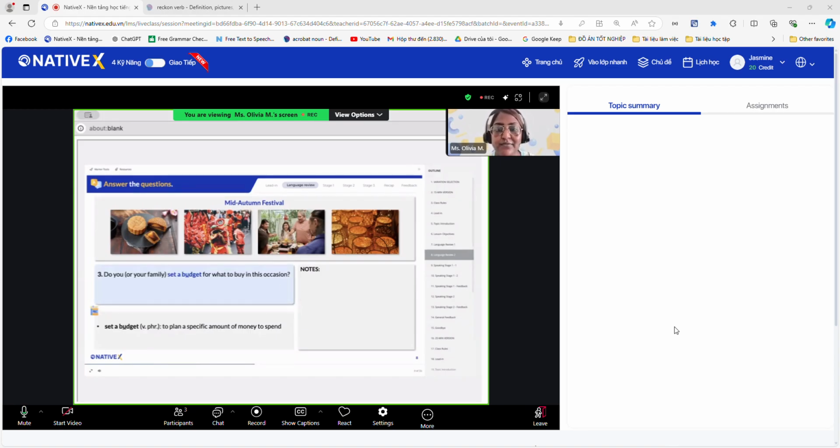For me, I do. I usually set a budget for what to buy on some occasions in Vietnam. Okay, so you set a budget of how much you want to spend. Do you or your family often exceed or go over the budget, and on what things? Yes.